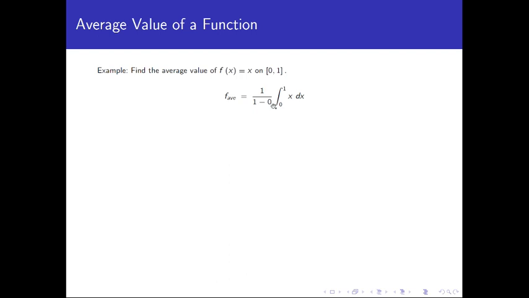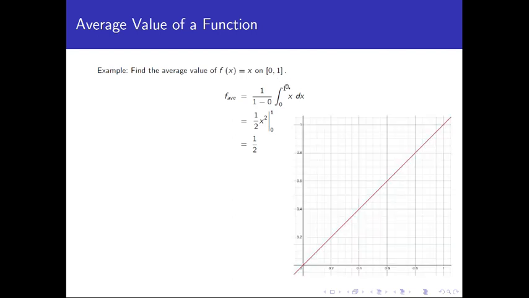So in this case, a is 0, b is 1, f of x is x. Take an antiderivative, plug in the endpoints, we get a half, which makes sense here, right? Because if f of x is just x, the average value here from 0 to 1 would be a half.